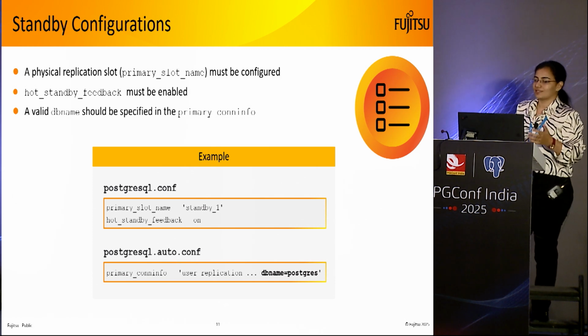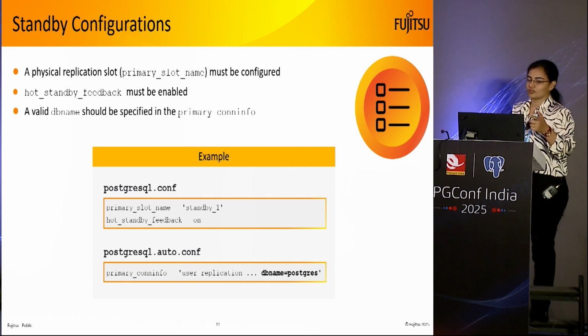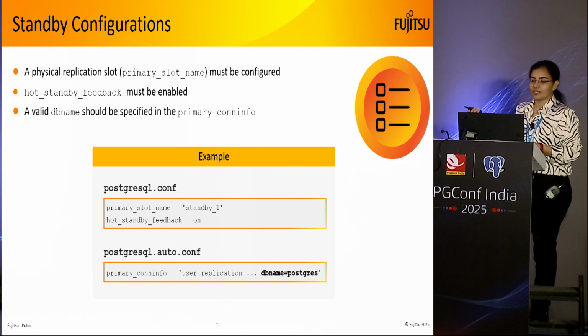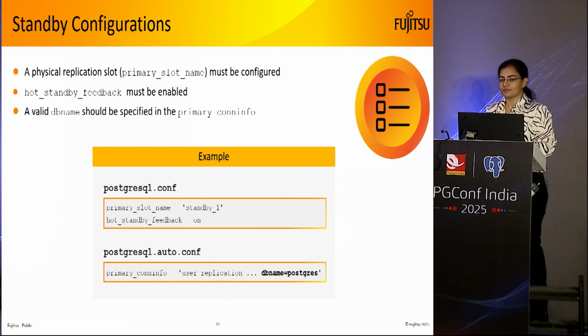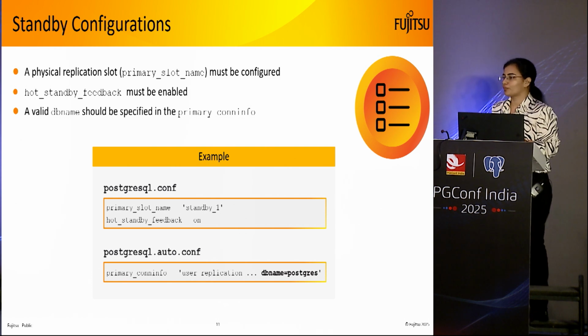In this example you can see that the first two configurations can be done in the postgresql.conf file, and the database name can be specified in the postgresql.auto.conf file. So now my logical slots are ready for failover, and my standby node is also configured properly.